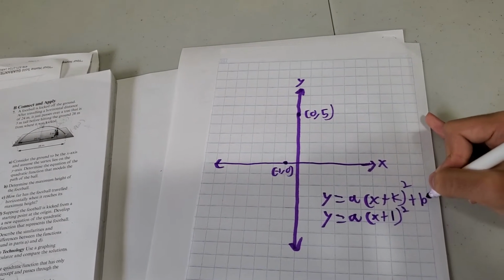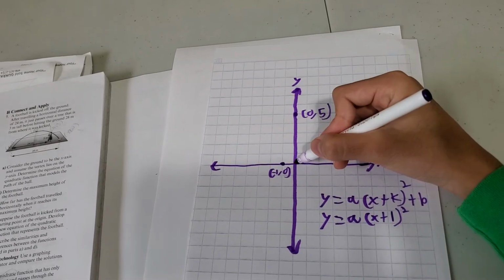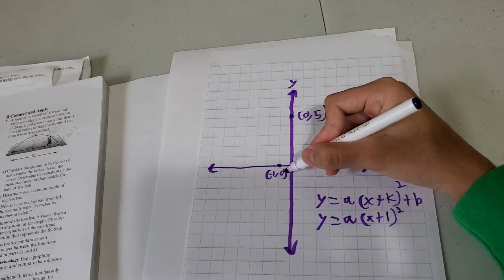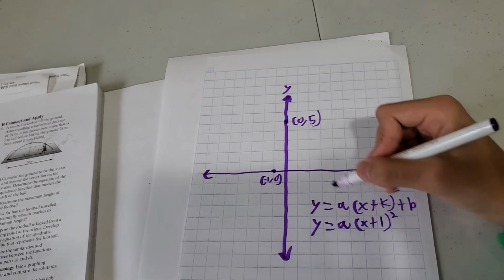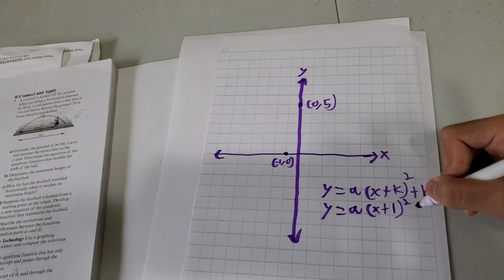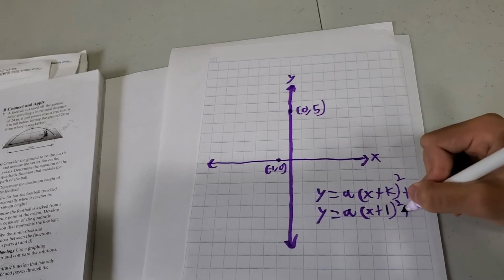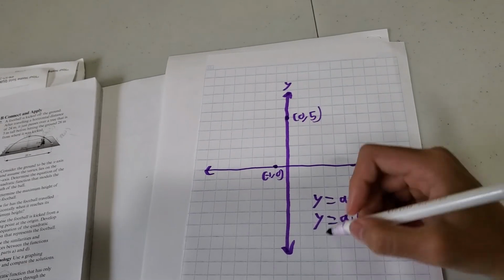And b is the vertical translation. This graph still has an x-intercept, so b is 0 because it doesn't move up or down from the original x squared. So this is plus 0.